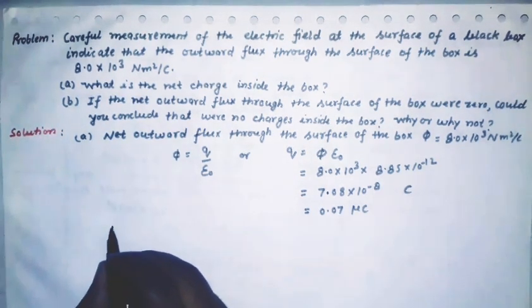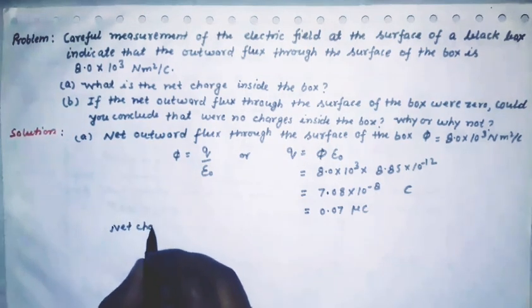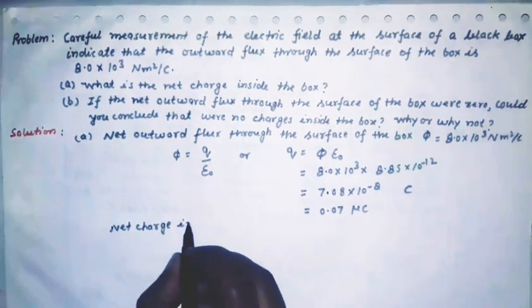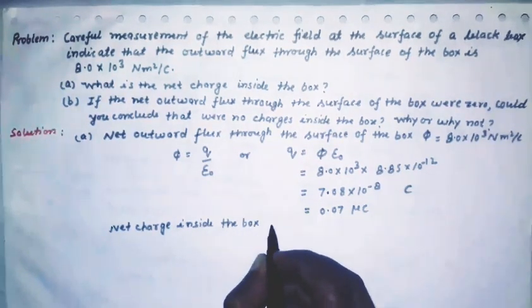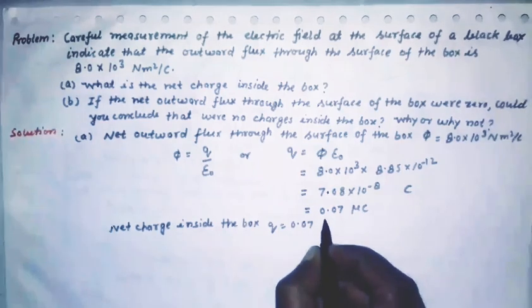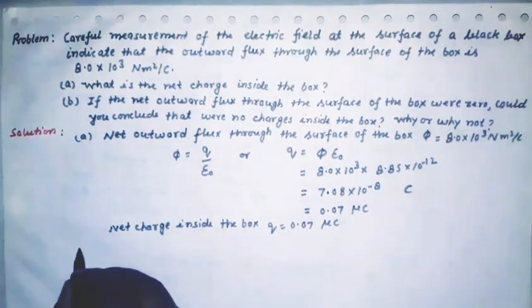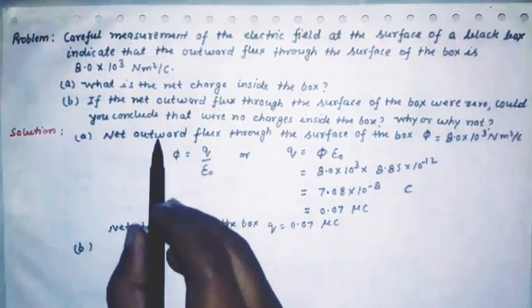So the net charge inside the box Q equal to 0.07 microcoulomb.